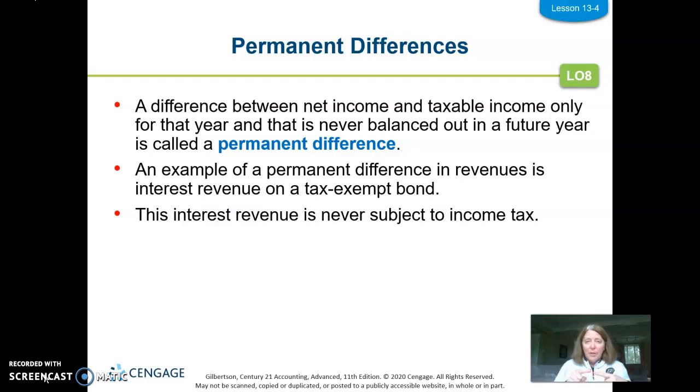Premiums paid on life insurance policies for key employees. I'd record that expense on net income, never would record it in taxable income. The lobbying and political expenses is the second. The third is fines. And the fourth is half the cost of business meals. It's just a tax thing. So they're not deductible, meaning I can't subtract them out of income for tax purposes. So it never comes out of taxable income, those four things.